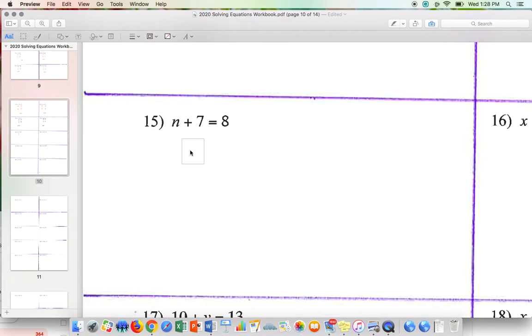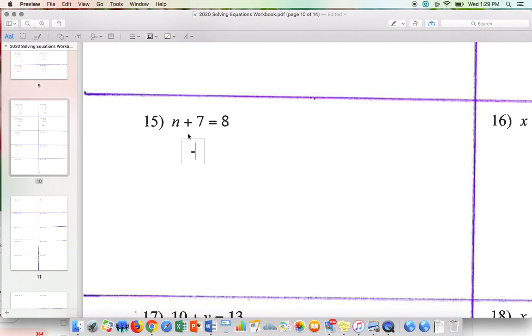N plus 7 equals 8. What's our operation? It's plus, addition. And our inverse operation, the opposite operation, minus. Good.